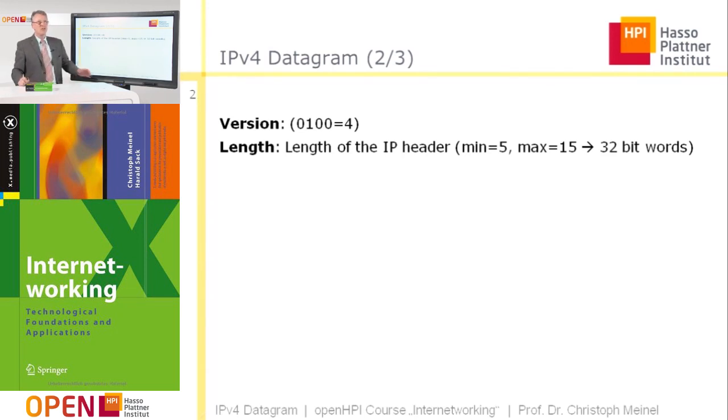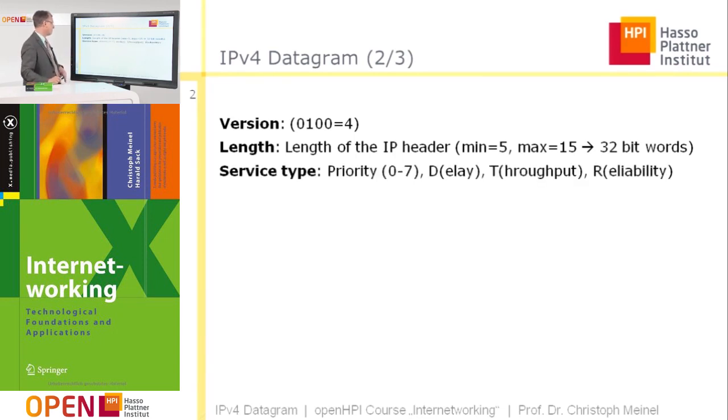It shows the version of the IP protocol. Then there is the length of the IP header. You remember there is an optional part, so it's important for the router to know where the header finishes and where the data starts. So the length field allows numbers, minimal 5, maximal 15, in 32-bit words.